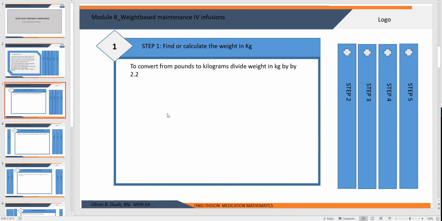Step 1 is to convert the weight from pounds to kilograms. To get weight from pounds to kilograms, we divide by the factor of 2.2, because 2.2 pounds equals 1 kilogram. So let's set this up.